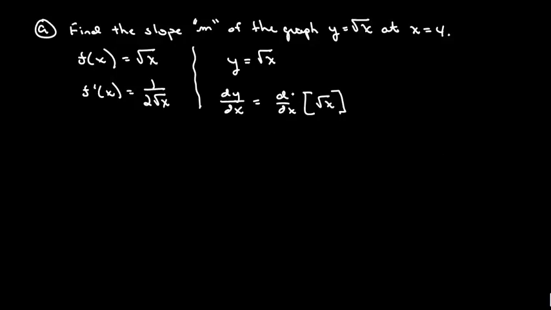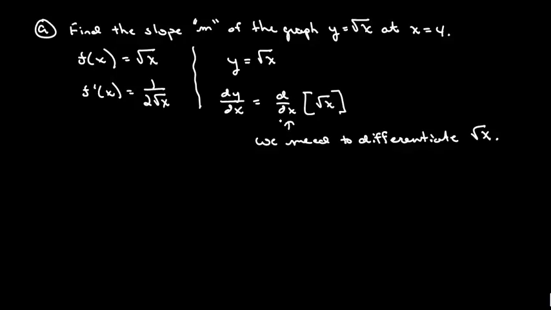What this notation says is that we need to take the derivative of the square root of x with respect to x, meaning that's the variable we should see there. That's going to be important later when we do some implicit differentiation, but for right now, you don't have to be super concerned about that specifically.